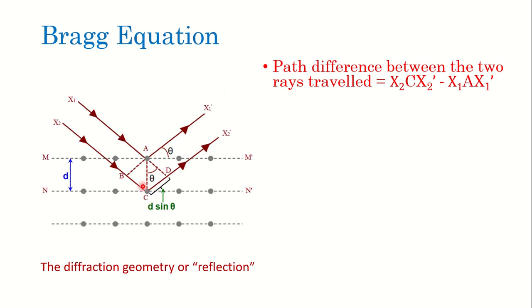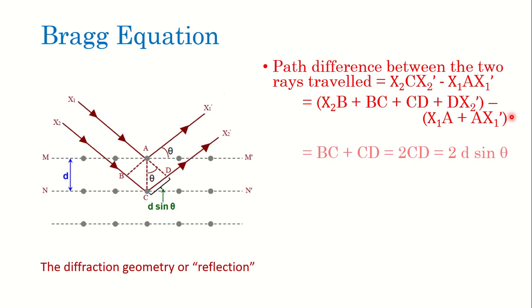It is X2CX2 prime minus X1AX1 prime. Now X2CX2 prime means X2B plus BC plus CD plus DX2 prime, and X1AX1 prime means X1A plus AX1 prime.